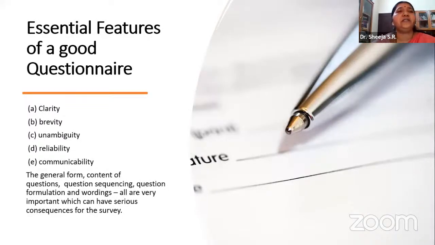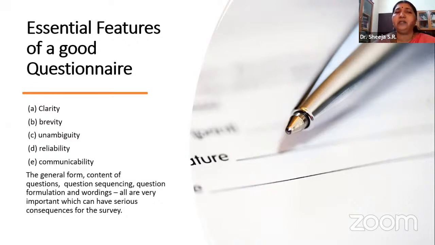First, let us examine what are the essential features of a good questionnaire. I have given some features. These are the most important features that a good questionnaire must possess: clarity, brevity, unambiguity, reliability, communicability. The questions must be very clear. Otherwise, the respondents will not be able to provide clear answers.